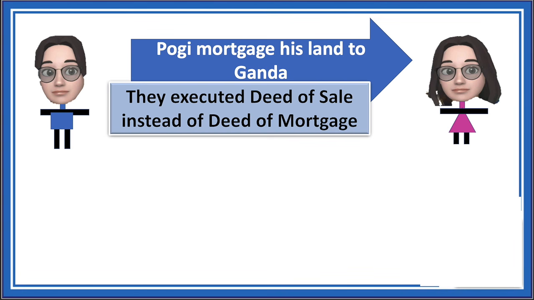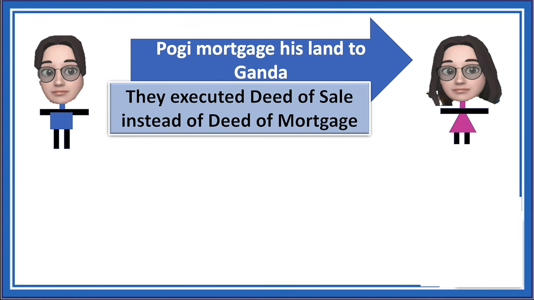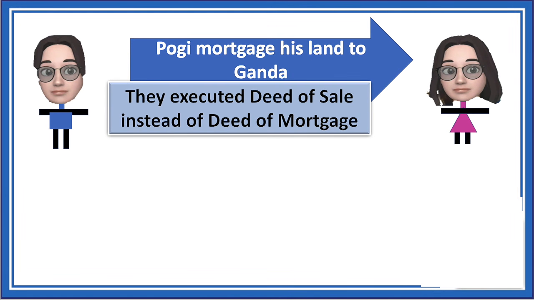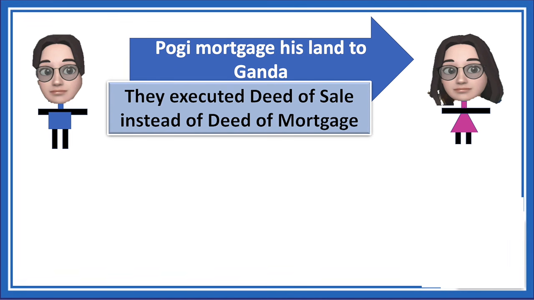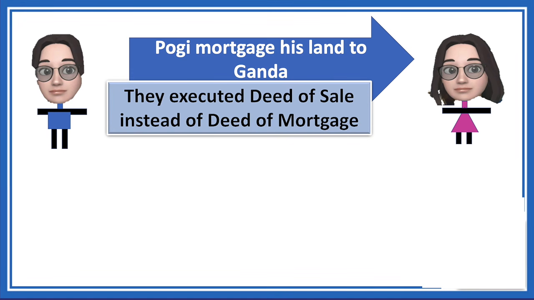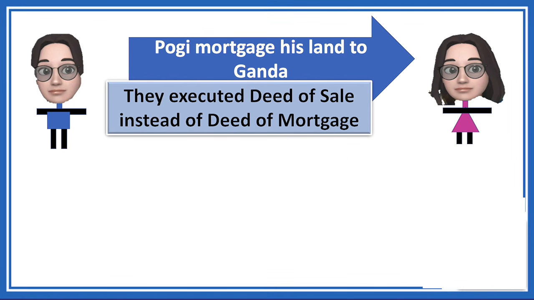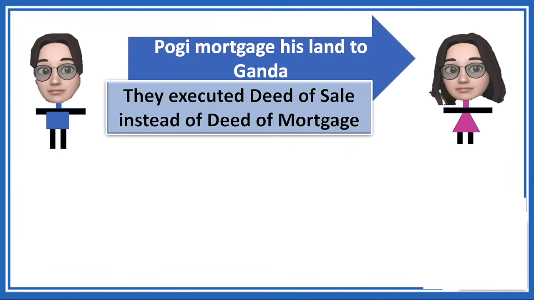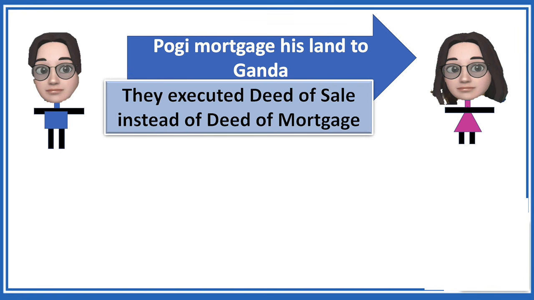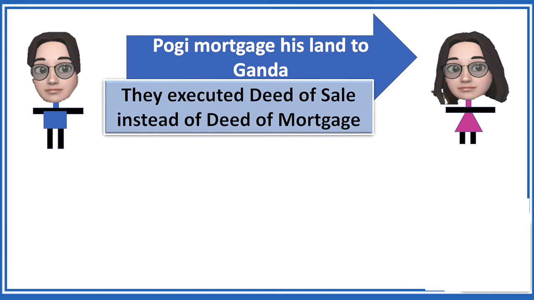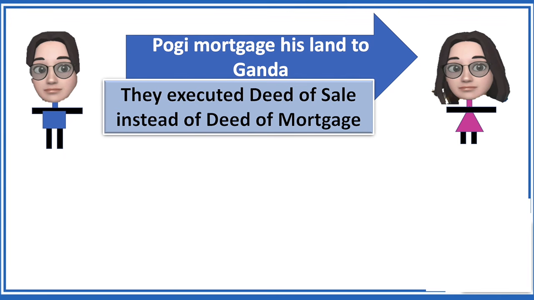Pero if halimbawa ganito ang nangyari, ang totoo is that yung intention nila is mortgage. Gustong as a security for a loan ni Pogi kay Ganda, minortgage ni Pogi ang kaniyang lupa in favor of Ganda. However, yung in-execute nilang document is not for mortgage, okay?